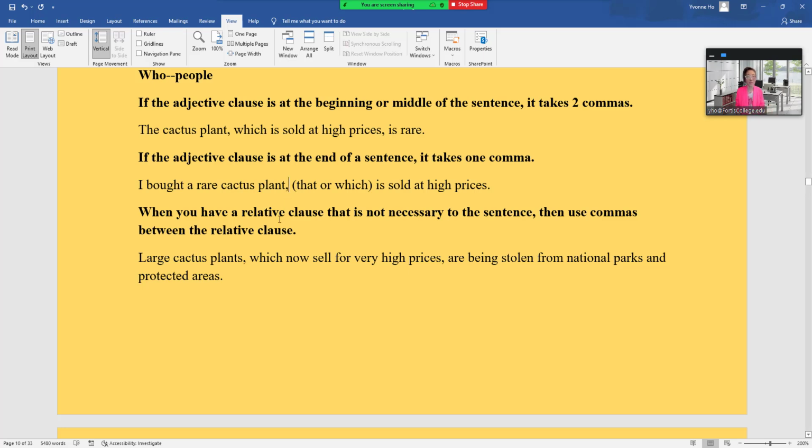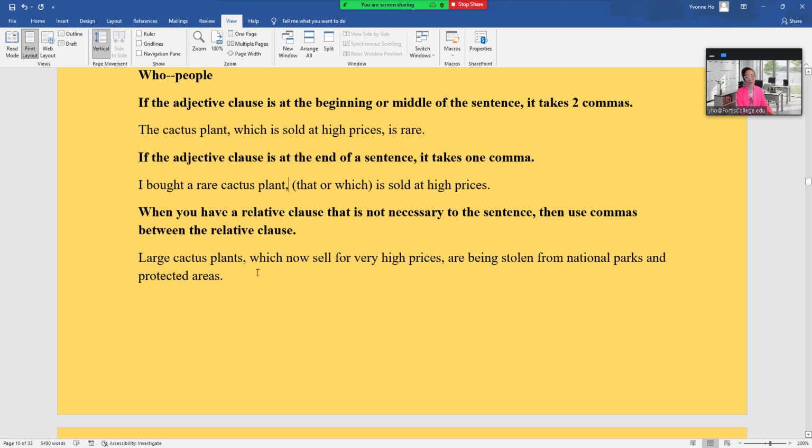When you have a relative clause that is not necessary to the sentence, then use commas around the relative clause. So what do I mean by not necessary to the sentence? In other words, if it's not necessary to the overall meaning of the sentence. In other words, if I take out that clause, it won't change the meaning of the sentence.